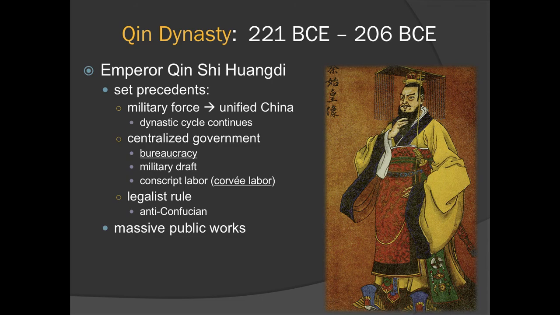He, in fact, tried to eliminate Confucianism because Confucianism taught how rulers should set quality examples, live by virtue. And this guy certainly wasn't virtuous or kind to the people, as shown by the military draft and his legalist policies. So he actually had Confucian teachers executed, burned alive, beheaded. This was not a good time to be a teacher in China.